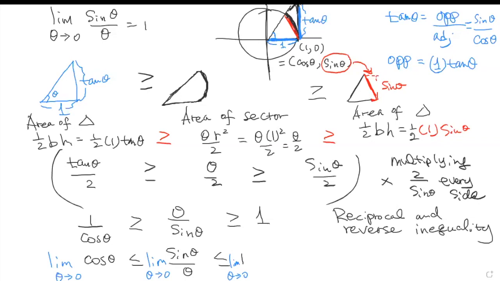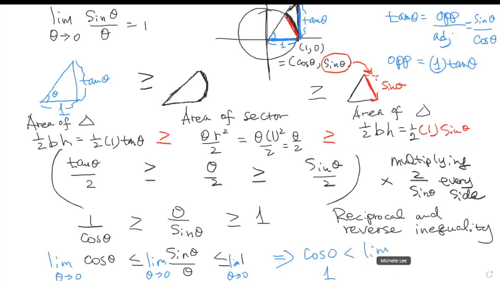What's the cosine of 0? What is cosine 0? It's 1. Thank you.